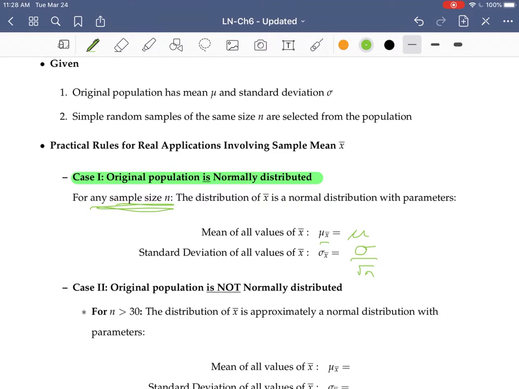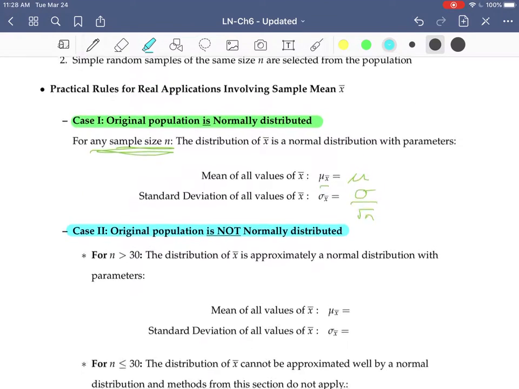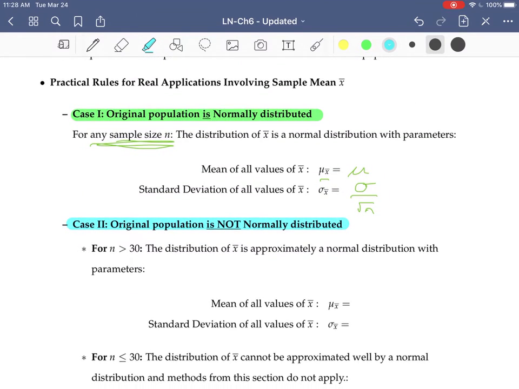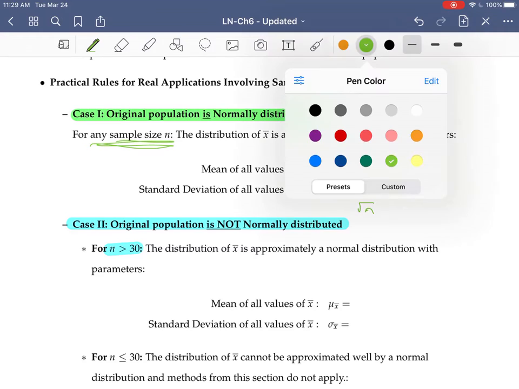If the original population is not normally distributed, then we need to have the sample size n be larger than 30. If our sample size is not larger than 30, then we're going to run into issues, right?